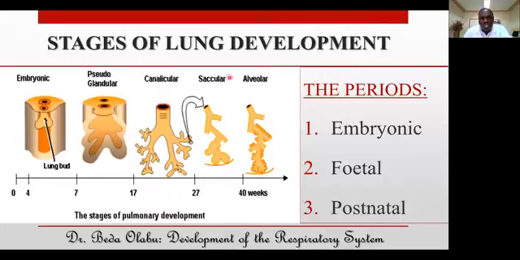After that, we have the saccular stage of development. The saccular stage of development is that period when we form the alveolar sacs. Remember, these were now extending beyond the 19th generation, which means 20th all the way to 23rd, 24th there.